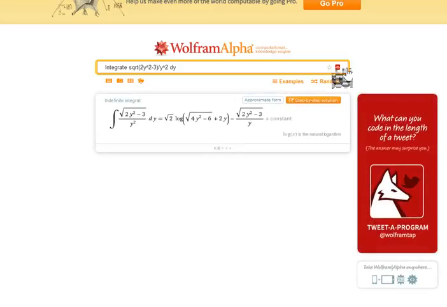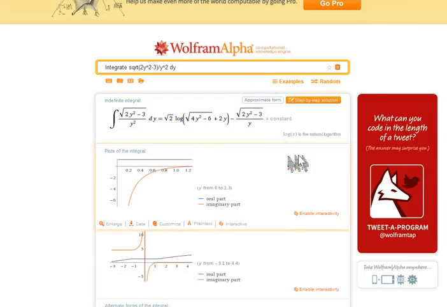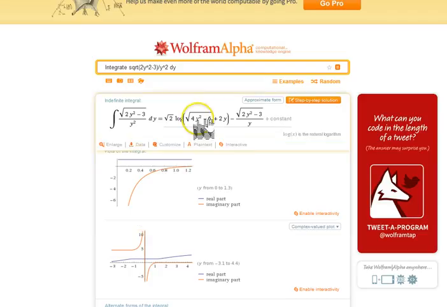It's computing, and then it says, oh, look, it's equal to 2 log this minus that. This looks a little bit different than what we calculated, but actually it's equal to what we calculated. The stuff inside the log looks a little bit different because they have an extra factor of radical 2 inside there.